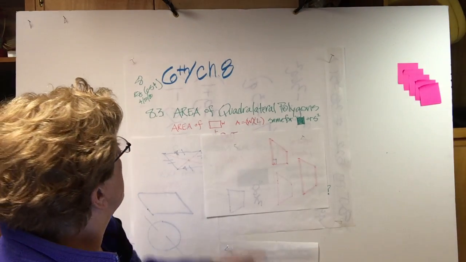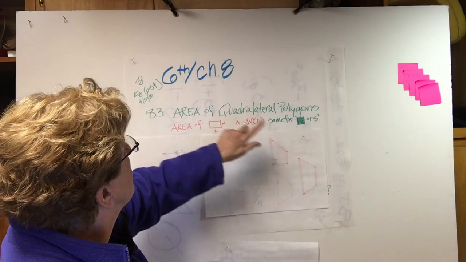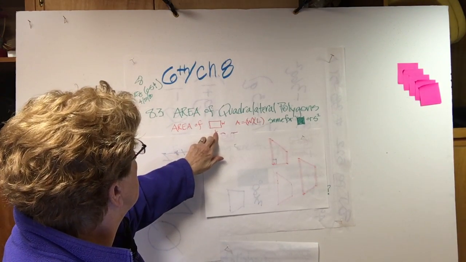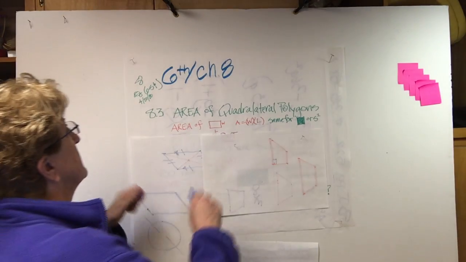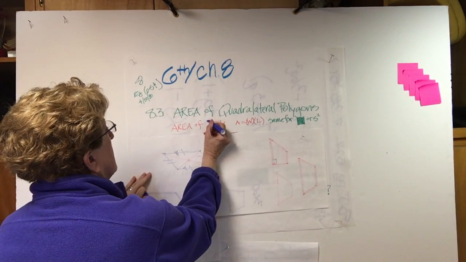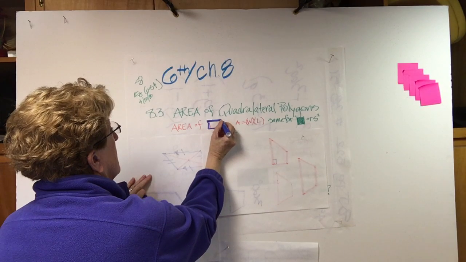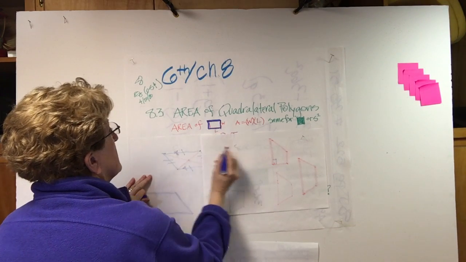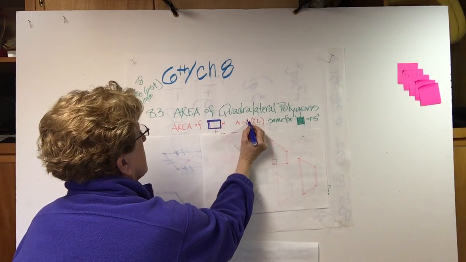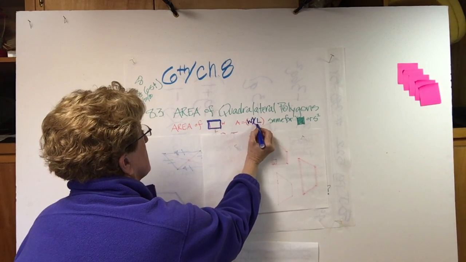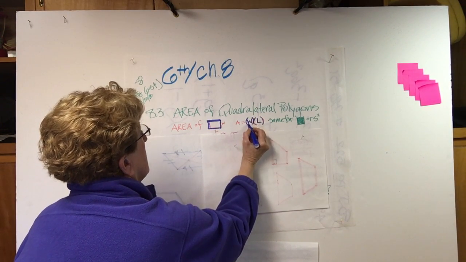All right, so area of quadrilaterals, area of a rectangle, here it is right here, this beautiful little rectangle. It is length or width times the other side, right?